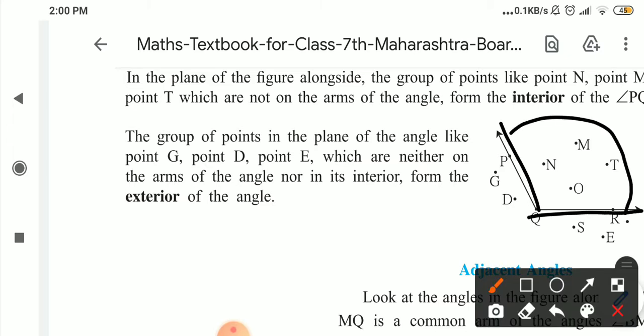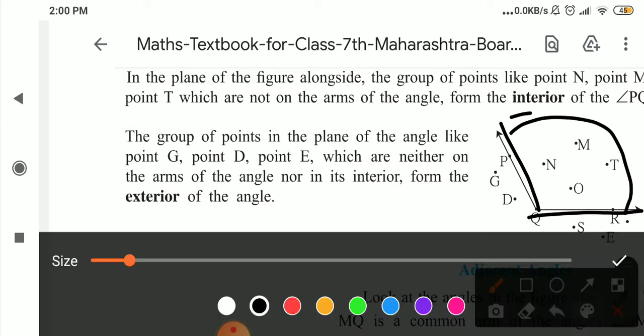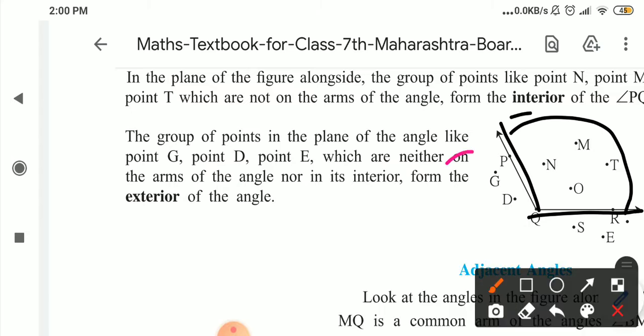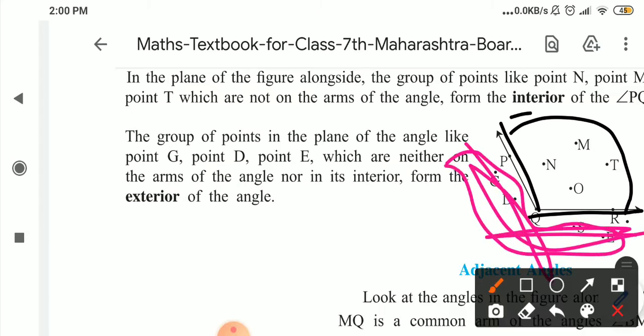which is in between two arms is called the interior of the angle PQR, and the portion which is exterior to this, this is the exterior part of that angle.